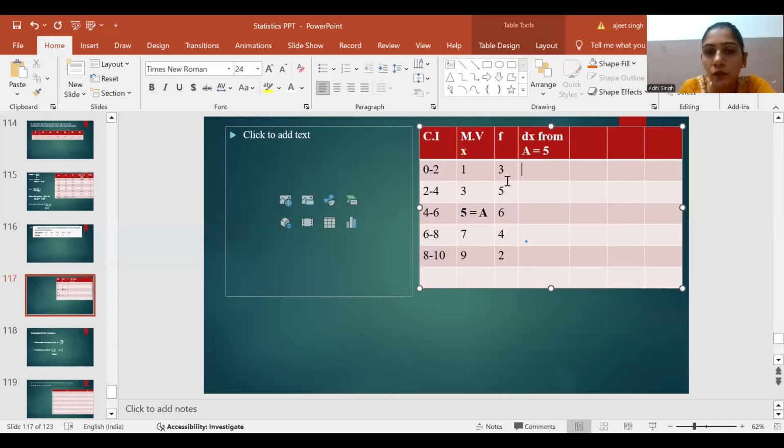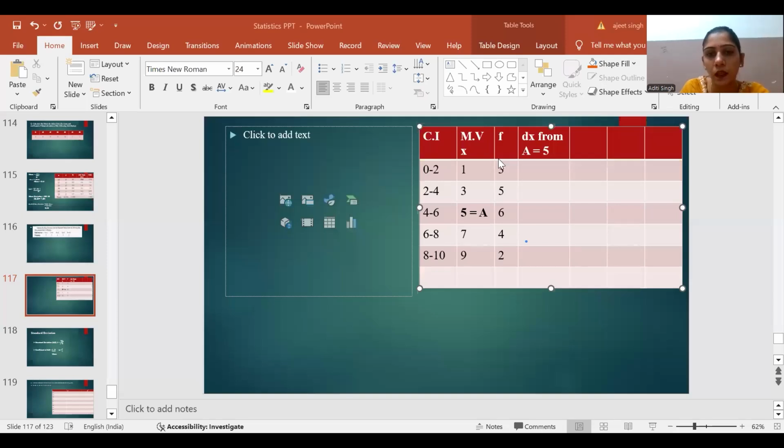Let's start with the calculation of dx. We take x minus the assumed mean to get dx. While calculating dx, we will consider the plus and minus signs, as for calculating mean we have to consider the sign.